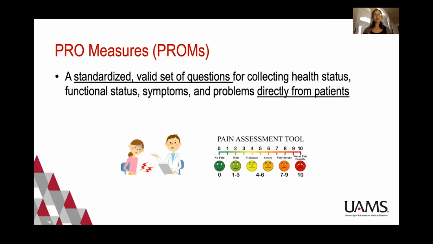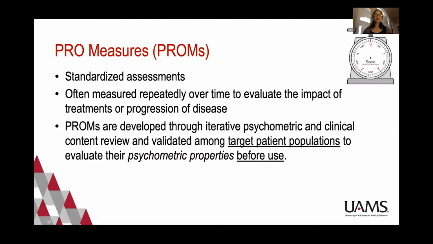And this set of questions can obtain the outcomes that we want to measure directly from patients. To summarize, PROMs are standardized assessments, often used repeatedly to collect outcomes to evaluate the impact of treatments or progression of disease.